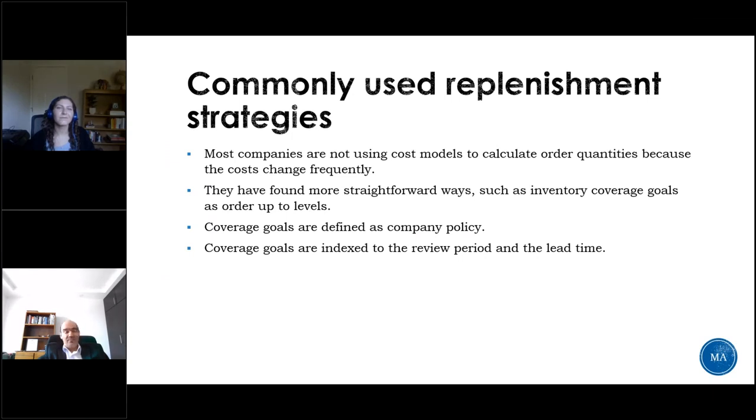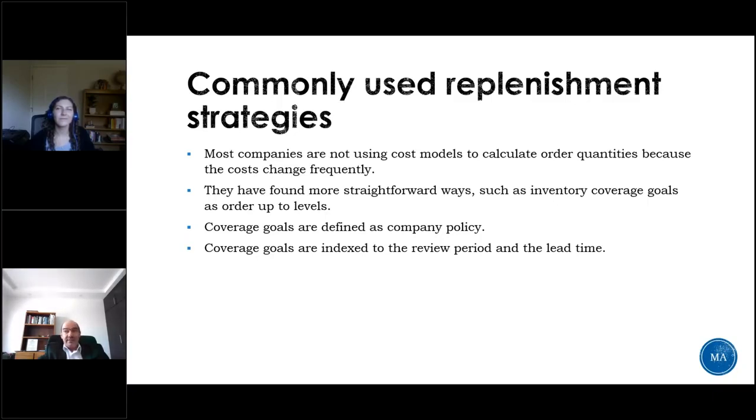We've seen that in more than 60 companies, not using those classical models to calculate the order quantities based on cost, because sometimes it's very hard to keep the costs updated. So they have found more straightforward ways to do this, such as inventory coverage goals, using them as order up to levels. And that's basically what I'm going to show you today.